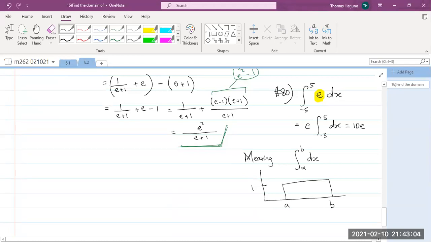So what is the area of that rectangle? That's b minus a times 1, which is the length of that interval. If I change this to 3, then I basically have 3 times b minus a.